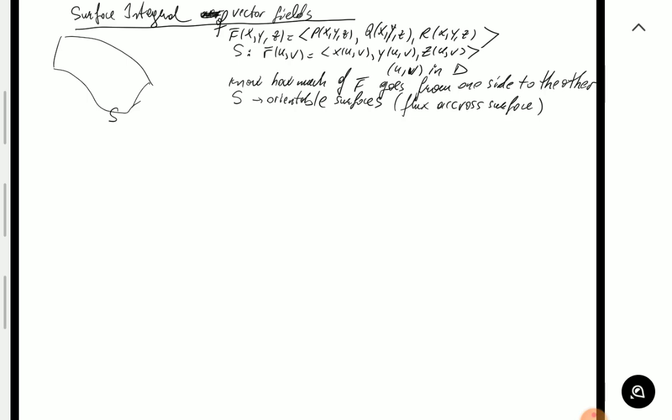So let's say from our perspective, the way we see the surface, we want the flux going through from below to above. Now notice you will see in lots of problems this type of wording: find a surface integral oriented upward, or oriented to the left or to the right or downward.